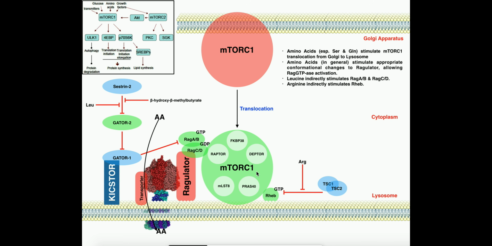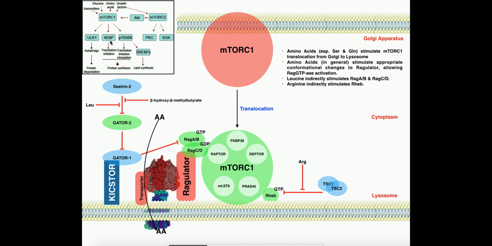Okay? Now, what does mTORC1 do? Well, mTORC1, due to amino acids, and also glucose and growth factors can also stimulate this, does two things, really, in terms of protein synthesis. One, it directly stimulates protein synthesis. The way it does that is by phosphorylation of these two proteins. One of these is 4E binding protein, or 4EBP.